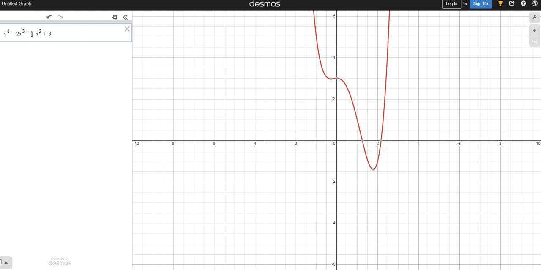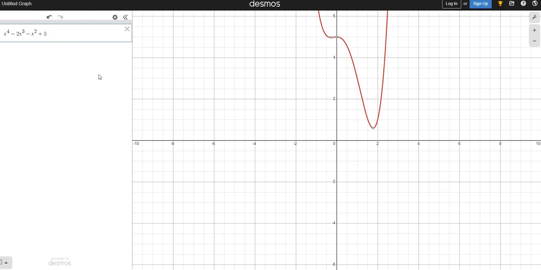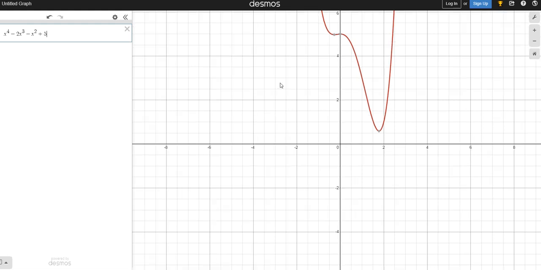There we go. So x to the fourth minus 2x to the third minus x squared plus, but now we can't do 3 anymore. Maybe we'll change it to a 5. There we go. So x to the fourth minus 2x to the third minus x squared plus 5. There's an example of one, and it's a fourth degree.